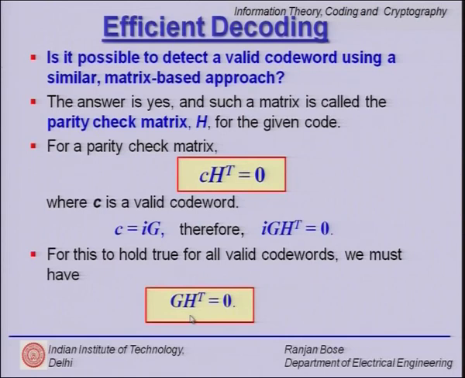So, we have a simple mechanism to find out H given G or G given H. If I ask you to represent a linear block code, you can give me the generator matrix, or equivalently you can give me the H matrix. We must observe that for a given G, H need not be unique. That is, we can have several options of H which will satisfy G H transpose equal to 0.